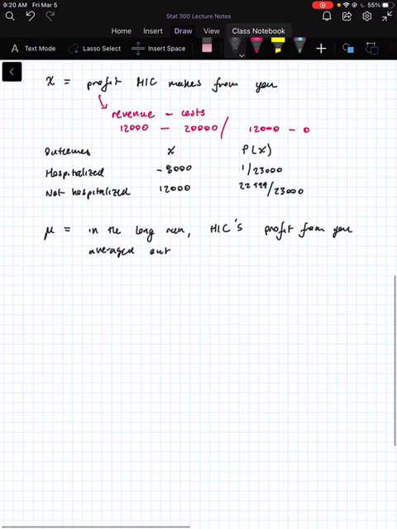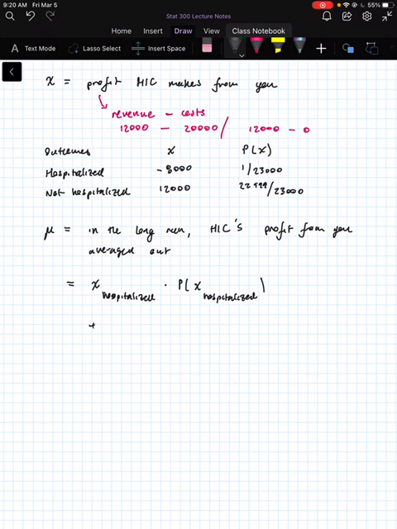And now we can directly calculate this. So we have all the pieces we need, which is we have the two outcomes. So the outcome in which you're hospitalized times that probability plus the profit when you're not hospitalized times the probability of not being hospitalized.